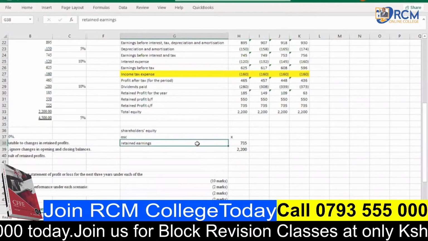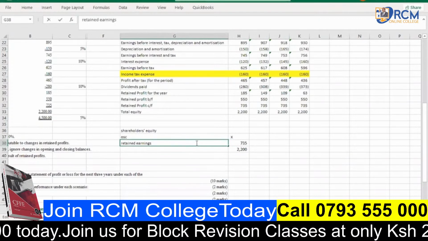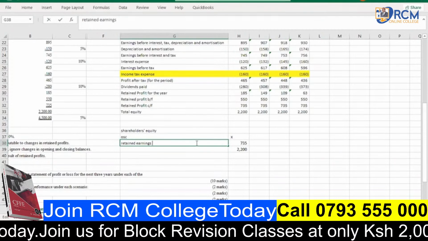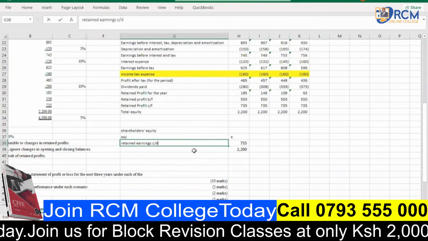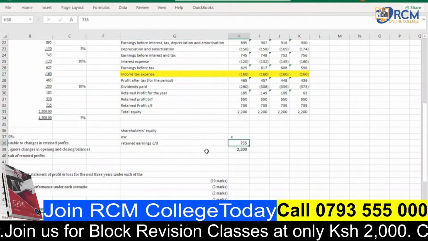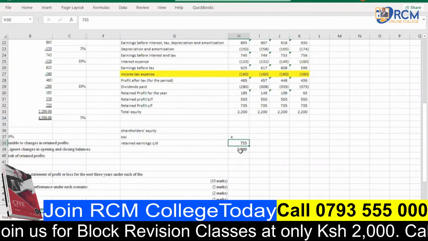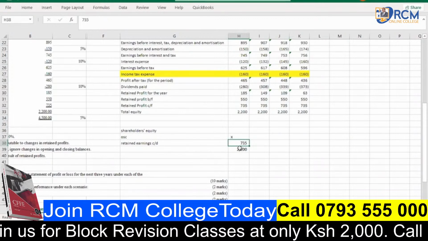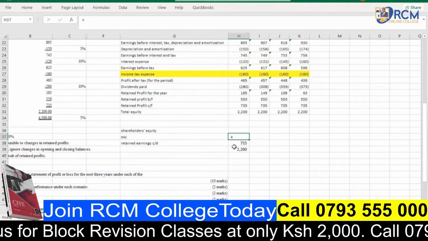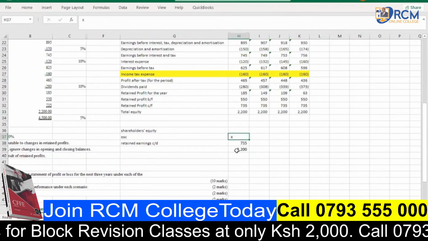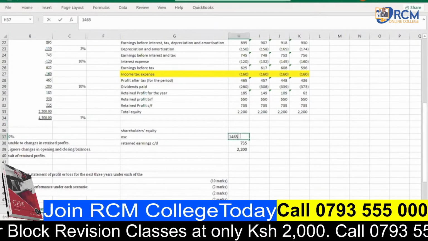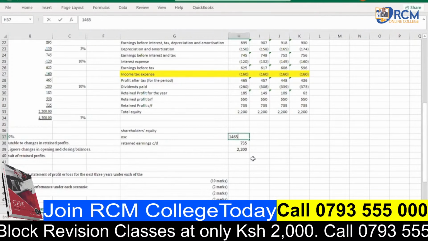The retained earnings we are referring to here, which is supposed to be brought to the statement of financial position, is the retained earnings carried down or carried forward. So it is 735. So what should I do to 735 to get 2,200? Which figure am I going to insert there?